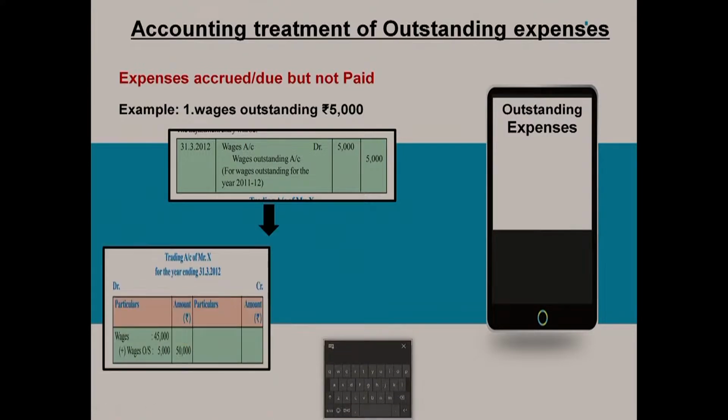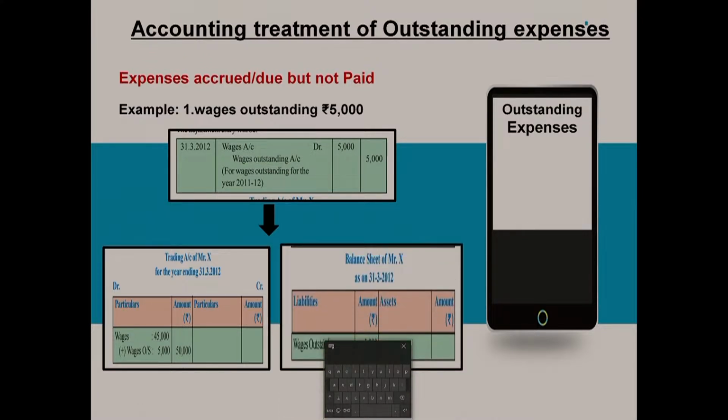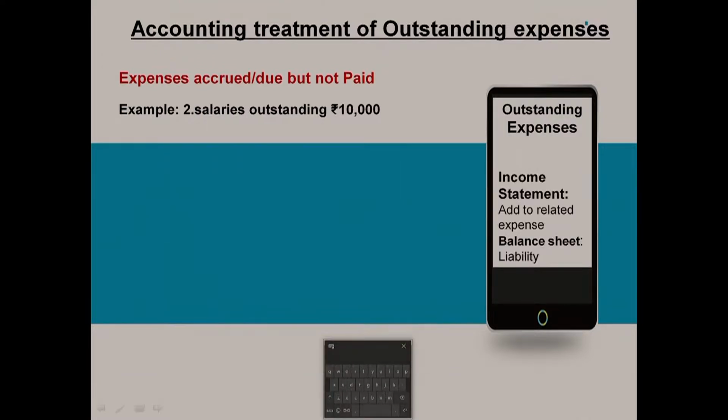And what would be the impact? To the wages column here, you will add outstanding wages, and that is 5,000 rupees. And in the balance sheet, whatever expense is outstanding would be mentioned on the liabilities side because it's a liability, so you will mention wages outstanding in the balance sheet. Next is expenses accrued but not paid.